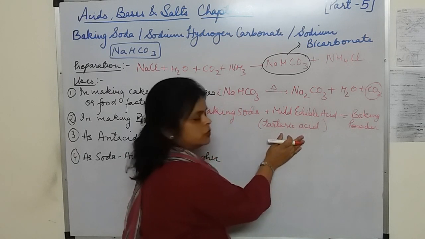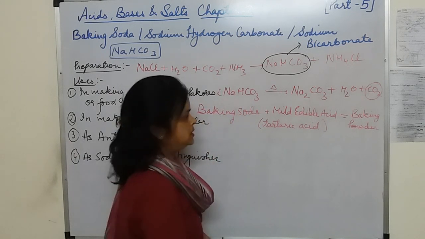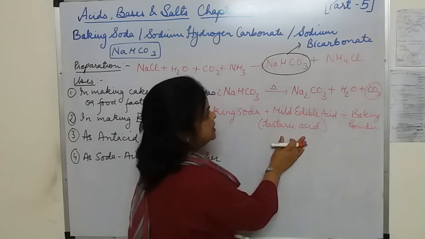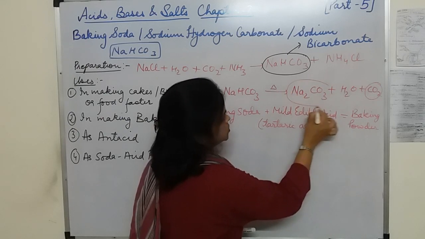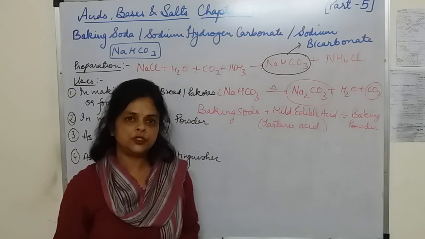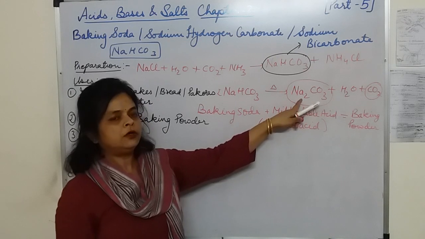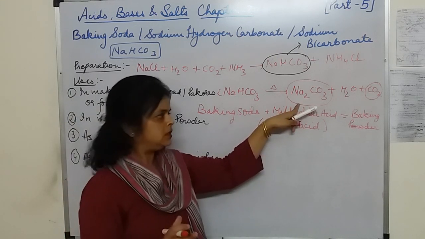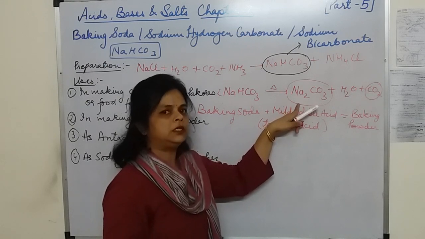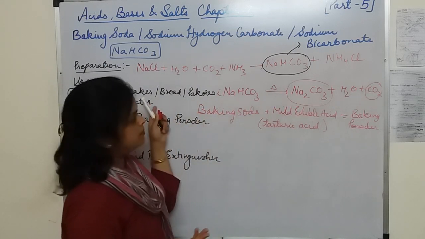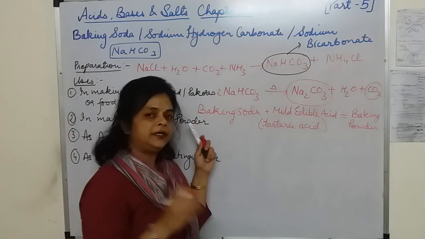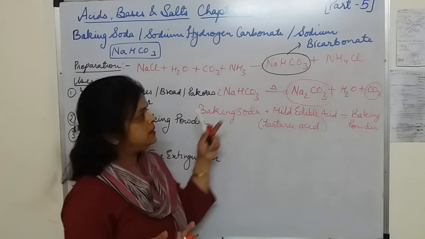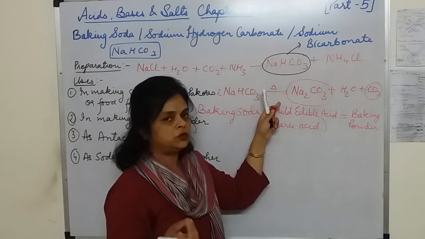Now what is the use of this mild edible acid, tartaric acid, which we had added? See students, here this salt is formed, Na2CO3. If it is not removed, it gives a bitter taste. You can ask your mother, if this baking soda is added in a little more amount, then it gives a bitterness to the food.